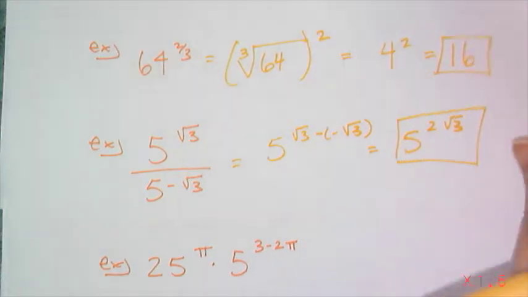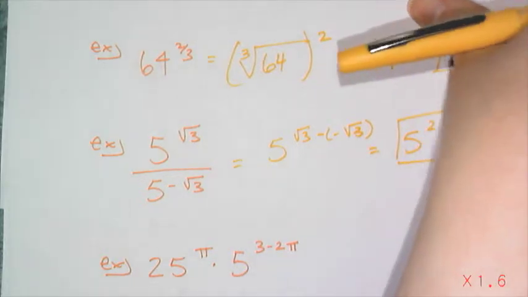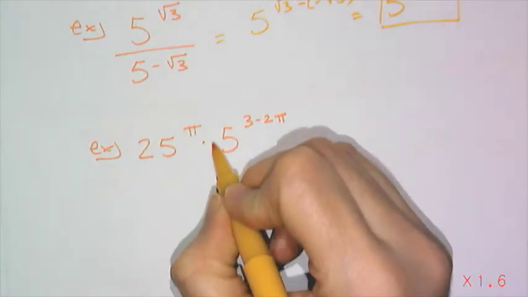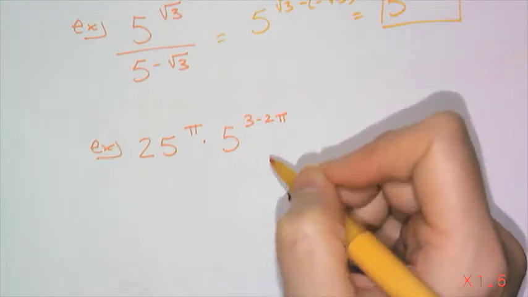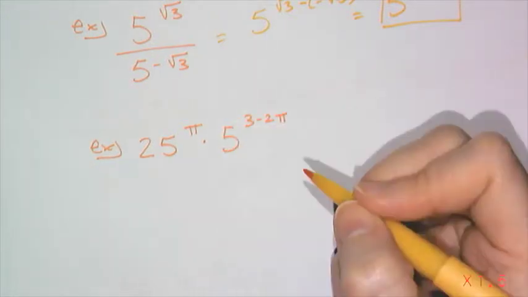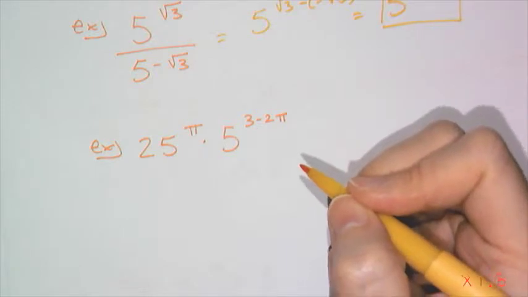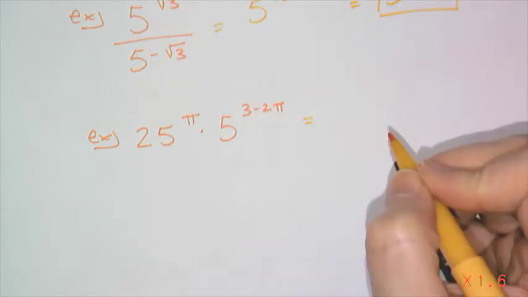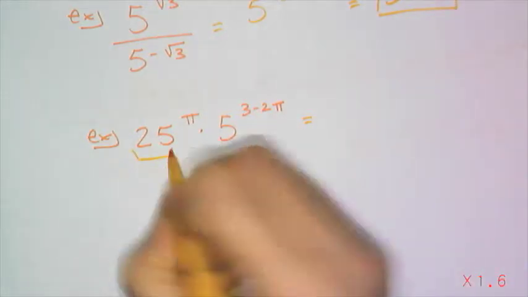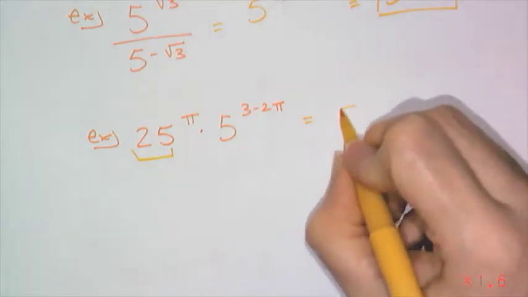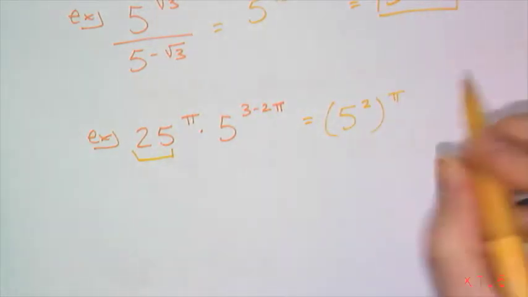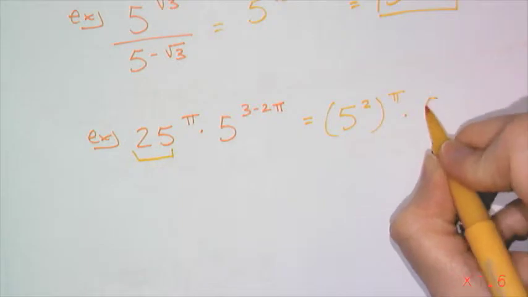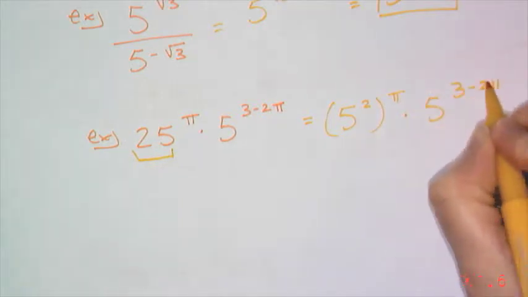And so if I look at this example down here, which is slightly more complicated, 25 pi times 5 to the 3 minus 2 pi power, it seems like, oh, I can't simplify that because the bases are different. But you're in Algebra 2, and the expectation is that you can think in a little more sophisticated fashion and realize, oh, hey, check it out. 25 is really just 5 squared, and then apply the power rule to that to get something that you can indeed simplify further.